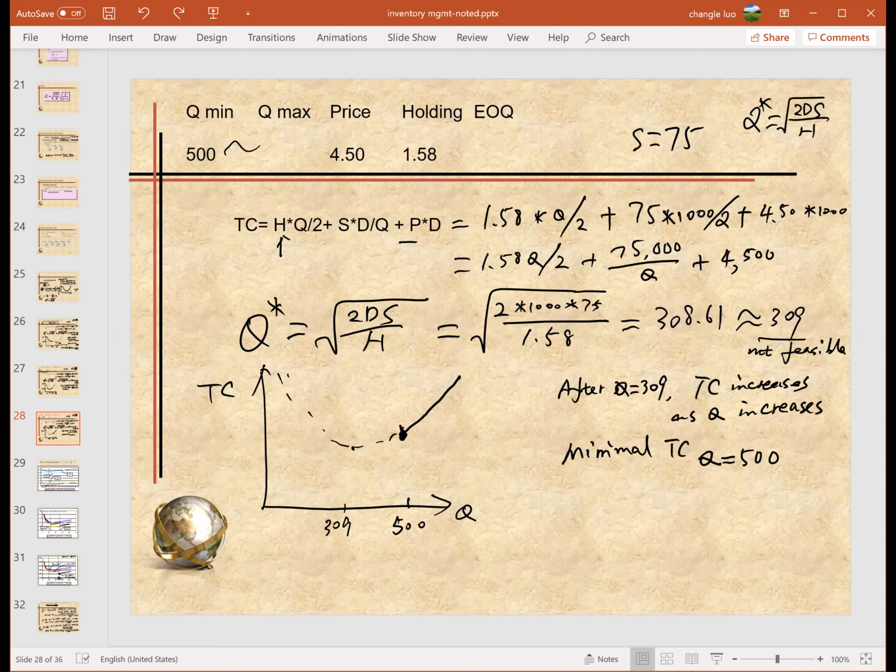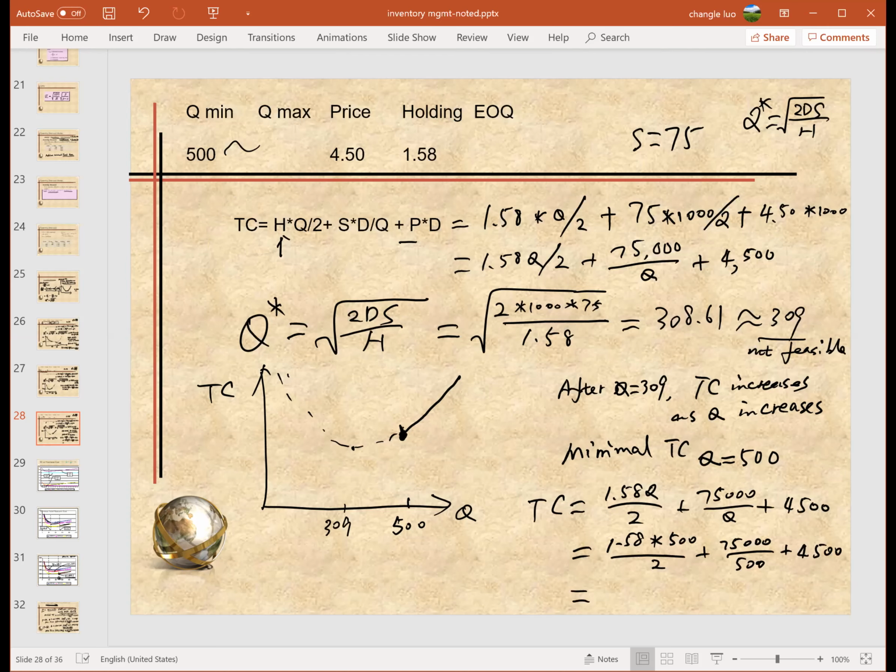And the total cost equation here equals to 1.58 times Q divided by 2, plus 75,000 divided by Q plus 4,500, equals to 1.58 times 500 divided by 2 plus 75,000 divided by 500 plus 4,500.